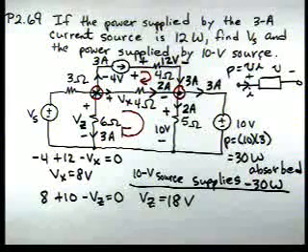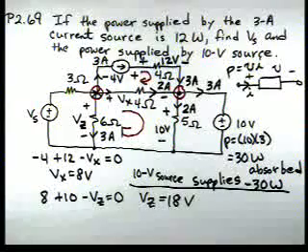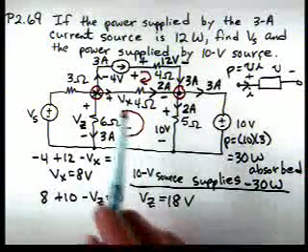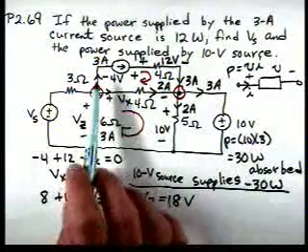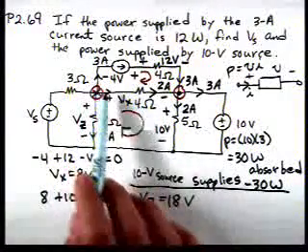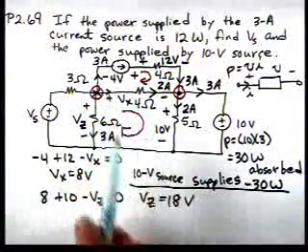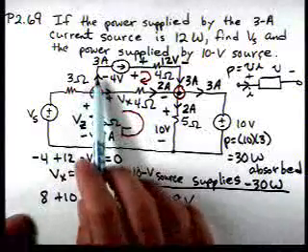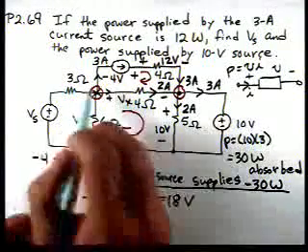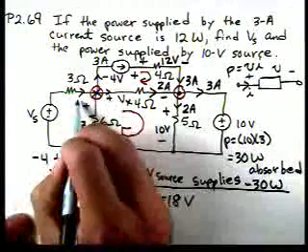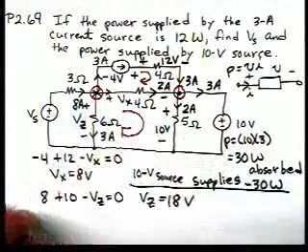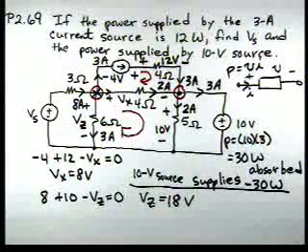Now we have 3 amps in this direction leaving, 2 amps here, 3 amps here. All of these are leaving, so 3 plus 2 plus 3 says there has to be 8 amps flowing into that node.